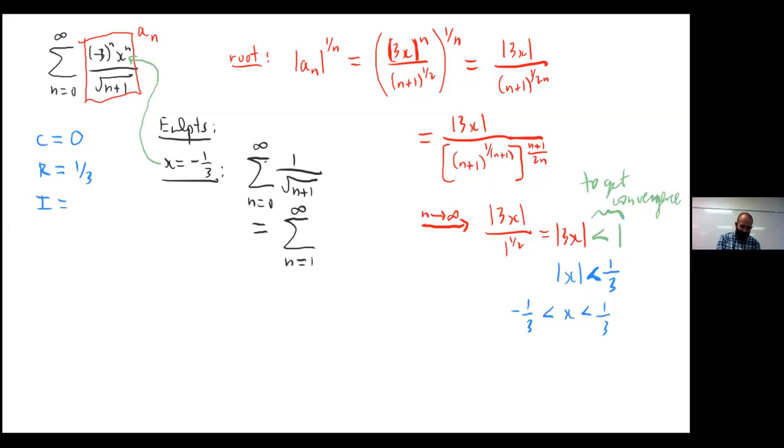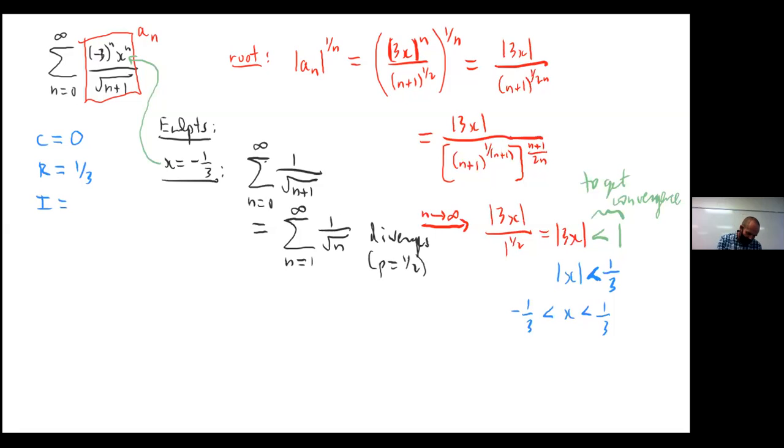So really, this is the same thing as the series n going from 1 to infinity of 1 over the square root of n, which converges. Or no, it doesn't. What does it do? Diverges. Right, it's a p-series with p equal to 1/2, yeah?